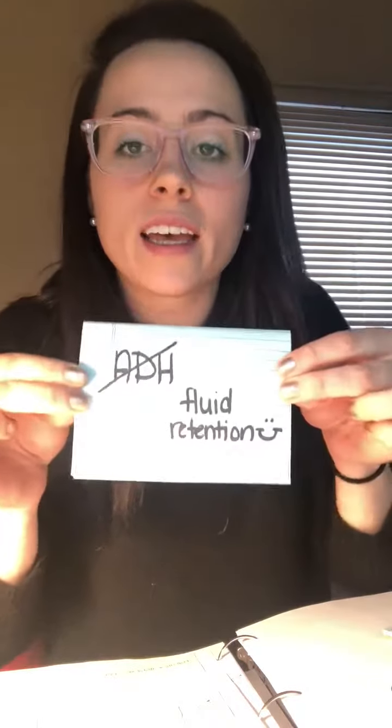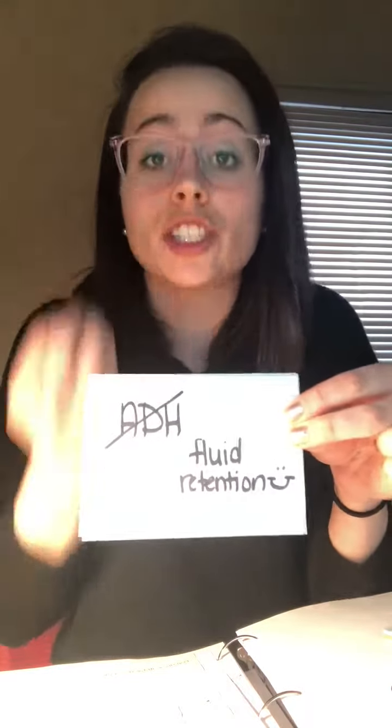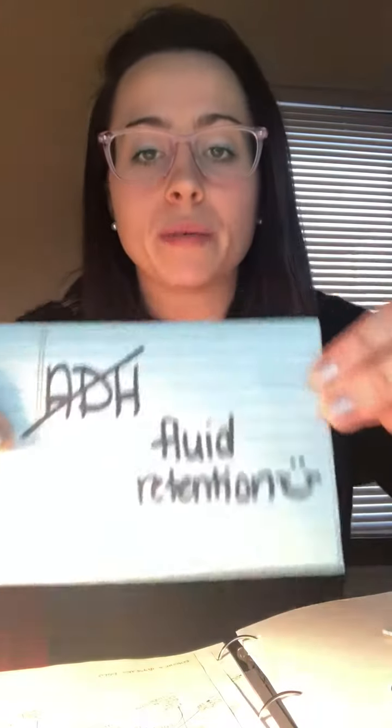So SIADH and diabetes insipidus has to deal with the kidneys and anti-diuretic hormone. For the purposes of learning this concept for nursing school, I think it's very helpful if you take ADH as a term in and of itself, anti-diuretic hormone, and you cross it out and you replace it with fluid retention.